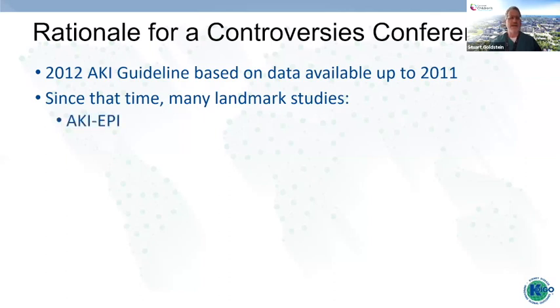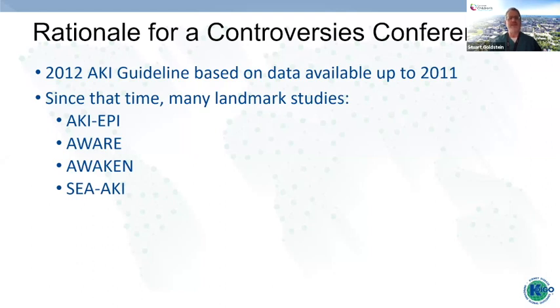The AKI-EPI study, which I will discuss, was an adult acute kidney injury epidemiology study. The AWARE study, which was a pediatric, multi-center, multinational, multi-continental study of acute kidney injury in children, was published. The AWAKEN study looked at neonatal acute kidney injury in a multi-center, multinational construct.